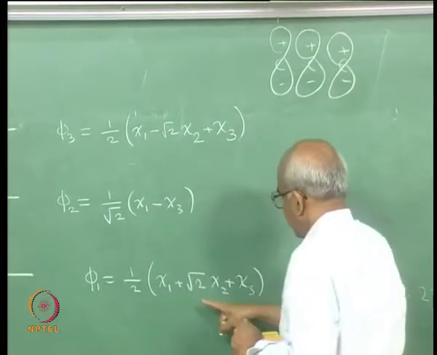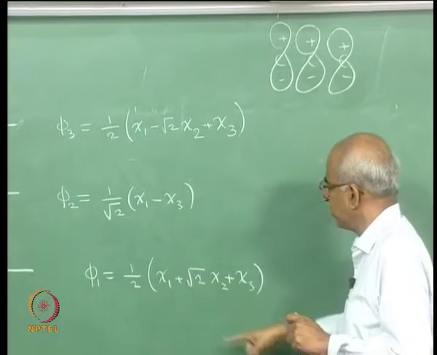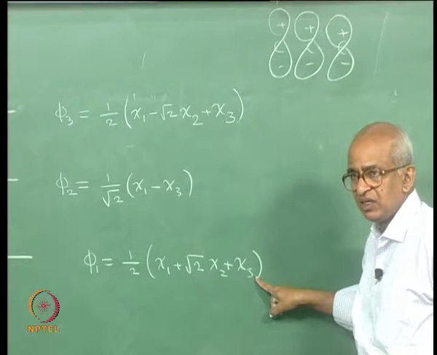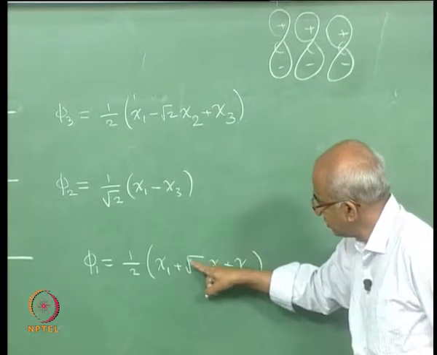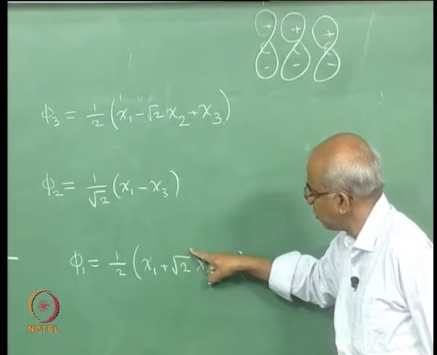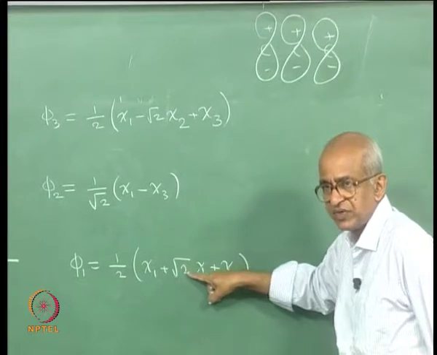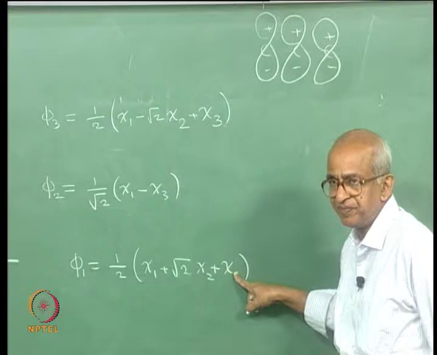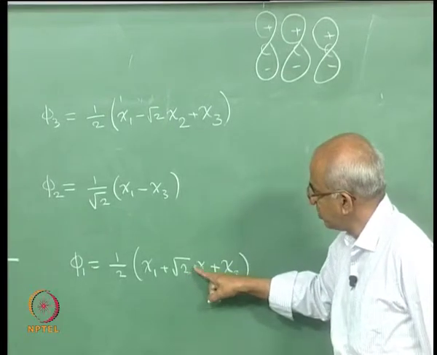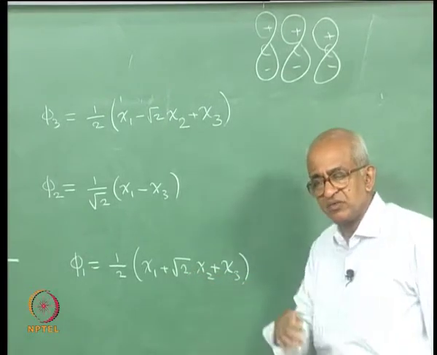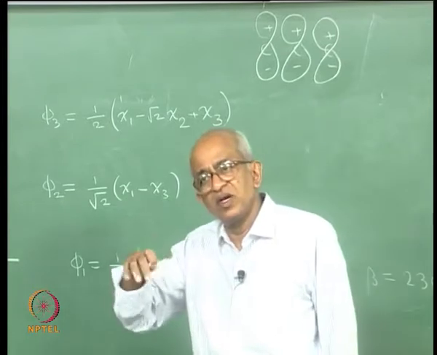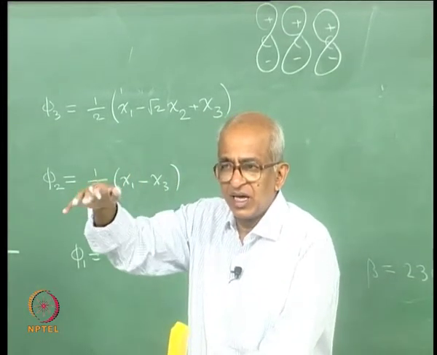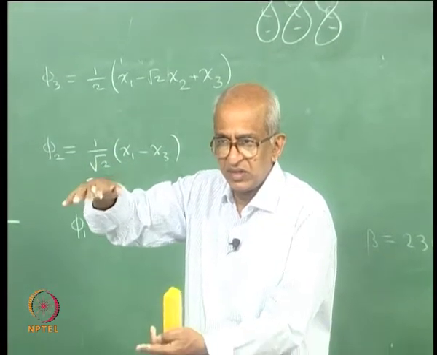And if you are concerned with the first molecular orbital, you can see that they are simply being added up. But you also notice that the second orbital has a lot of importance, because its coefficient is square root of 2, while the coefficients of the other 2 are just unity. So, therefore, this orbital is more important, and therefore, what will happen? The molecular orbital will have more value near that atom, near the second carbon atom.